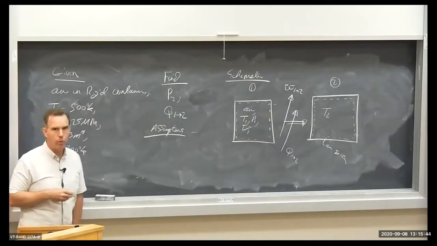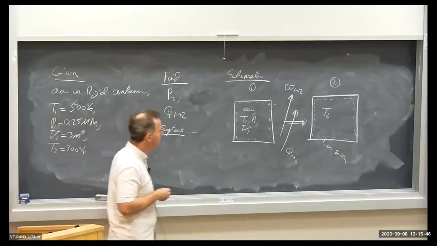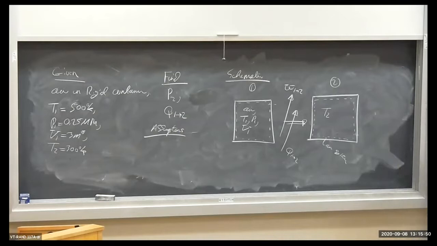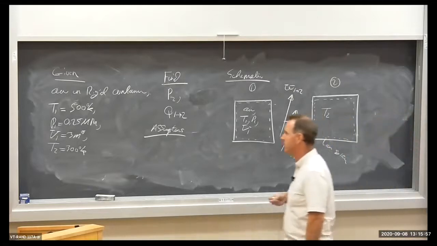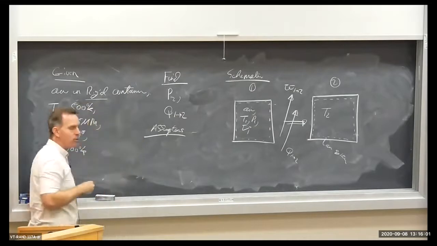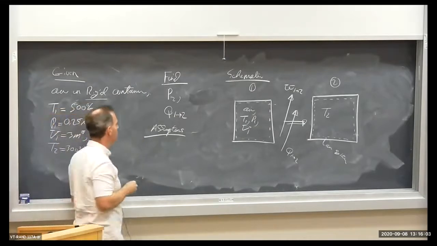What about boundary work? That has to do with the change in volume of the system, the work that the system does as it expands or gets compressed. One's positive, one's negative. It says it's a rigid container. I take that to mean constant volume and therefore no boundary work.